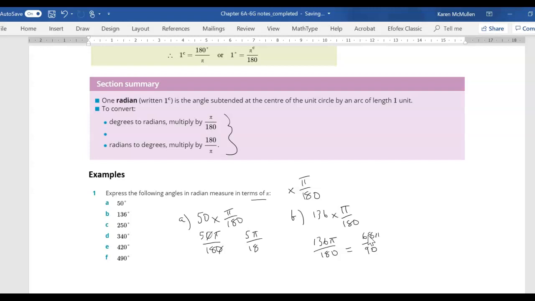All right, so we can halve again. 34 pi on 45, and we can't simplify any further. So question 1 and probably question 2 as well, you really need an understanding of fractions.